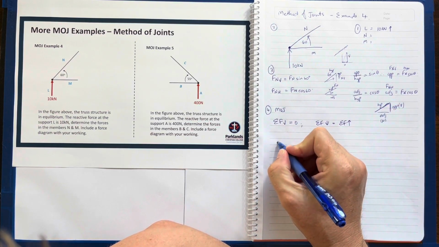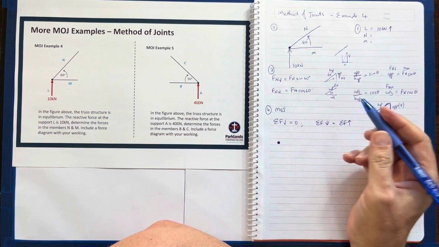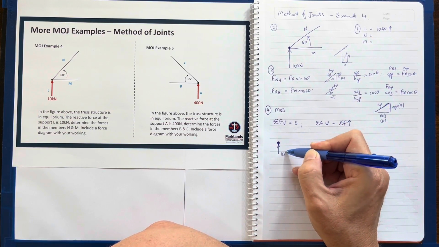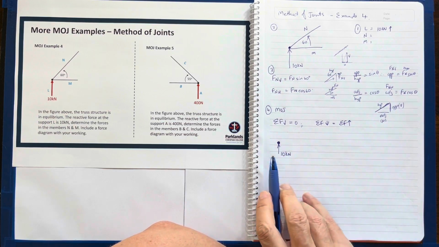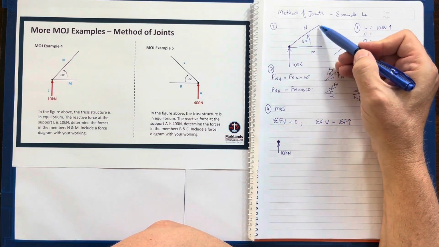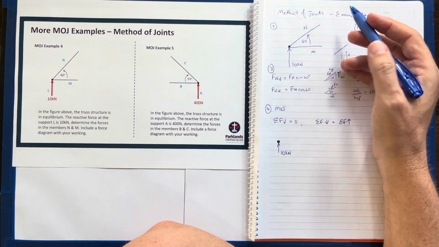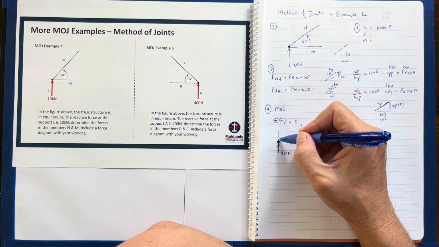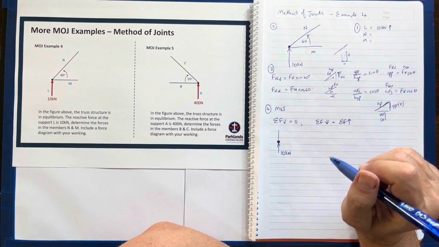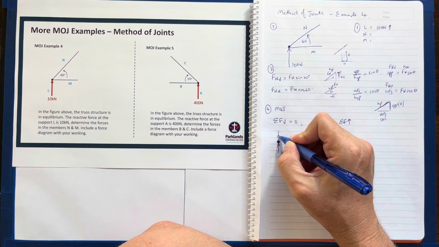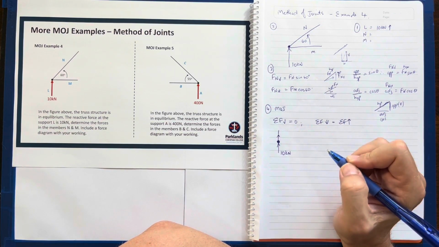I redraw my joint. I know I've got an external force applying to that joint straight away. It's 10 kilonewtons going in this direction. I do not know what the force of N is or its equivalent horizontal force. Because I don't know what it is, I assume it is tension, and that means my internal force is moving away from the joint.